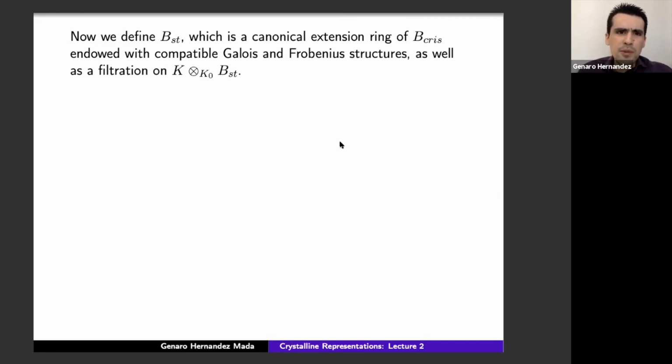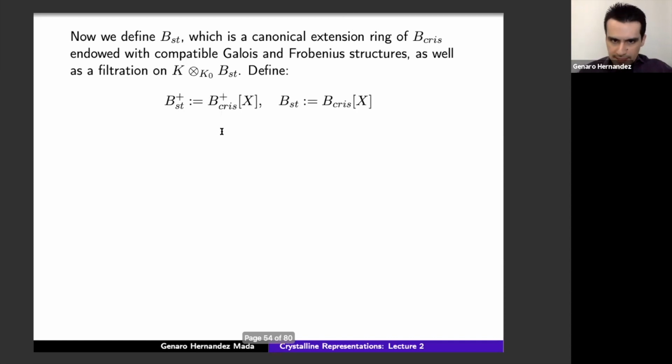Just before doing it, it should be a canonical extension of B Cris endowed with compatible Frobenius and Galois action, and a filtration on this tensor product. So I start by defining B ST plus just as this polynomial ring over B Cris plus, and B ST as the polynomial ring over B Cris.